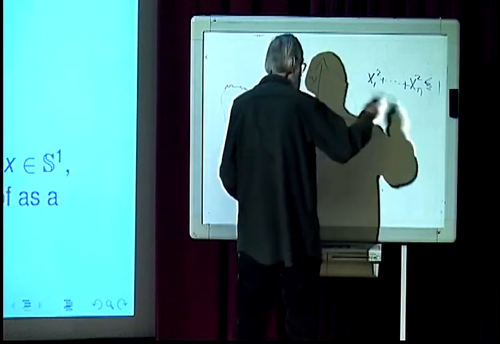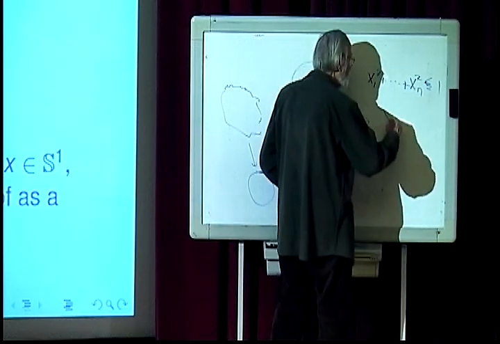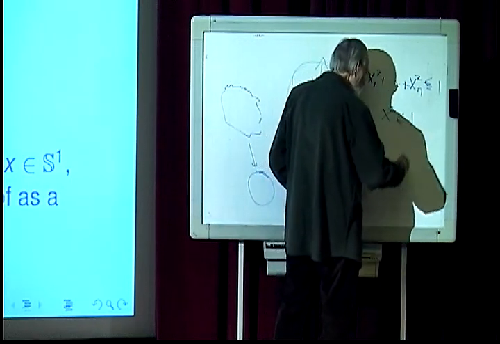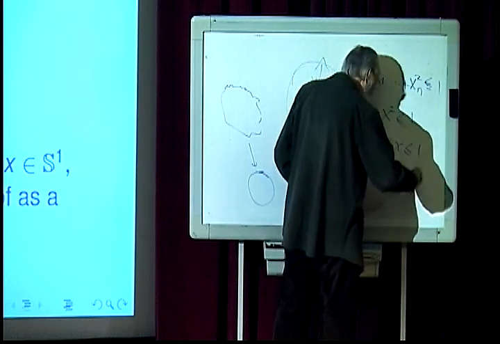So in particular, in one variable, we just have the equation x squared less than or equal to 1, or in other words, x is between minus 1 and 1.